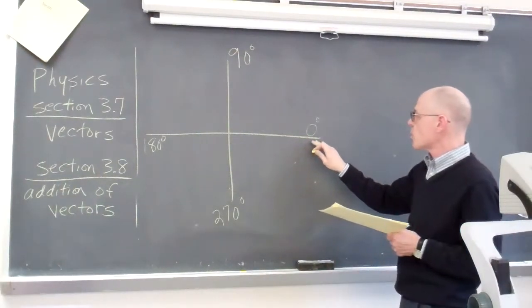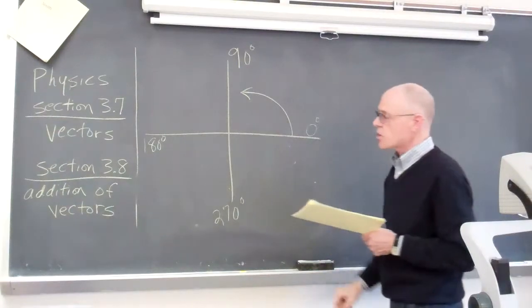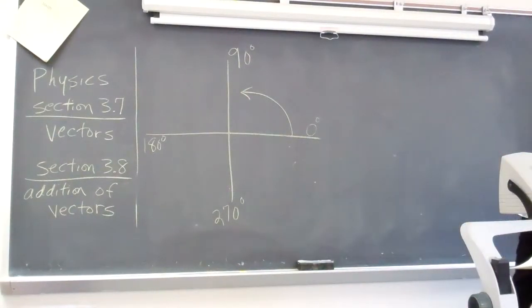So 0 is to the east, and the angles increase counterclockwise. That's the one that we'll use in these kinds of vector problems.